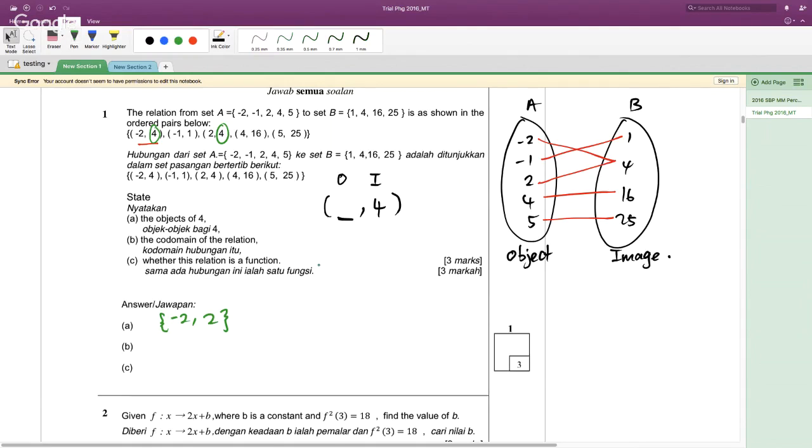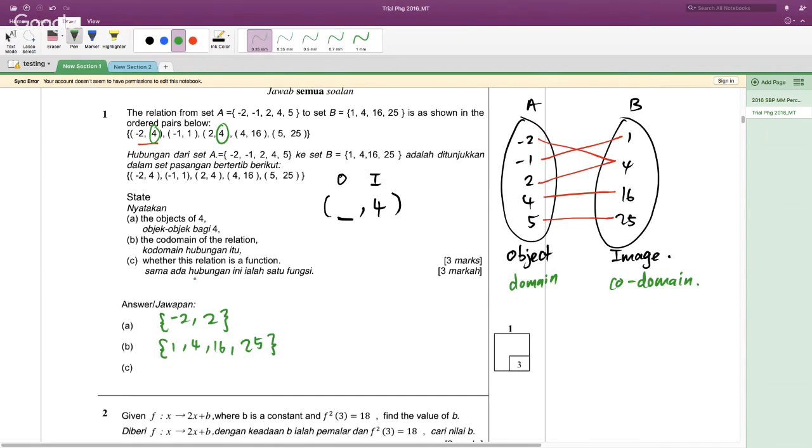And then codomain: you should know the set A is always the domain, and the set B is basically the codomain. So the question actually asks about the codomain of the relation. So the codomain is basically everything in set B: 1, 4, 16, 25. This is what we call the codomain.